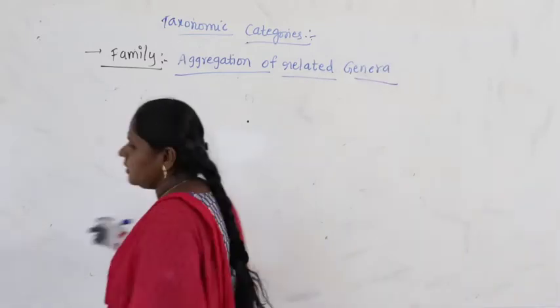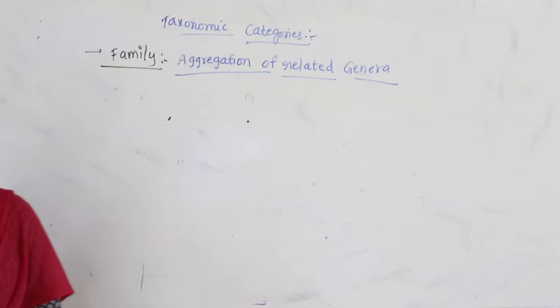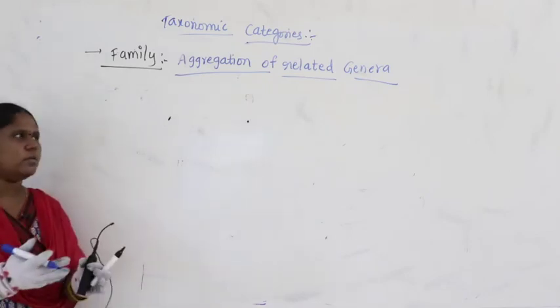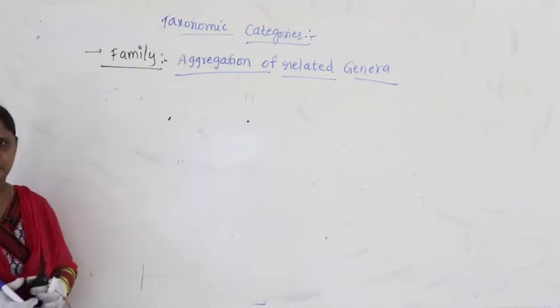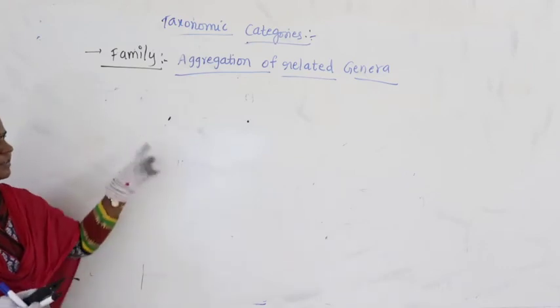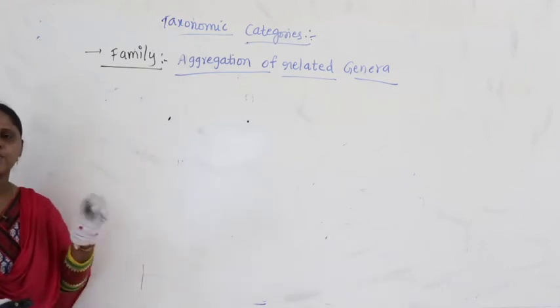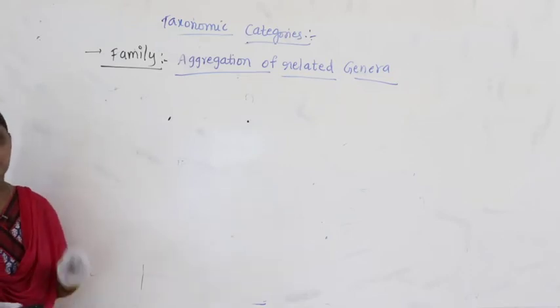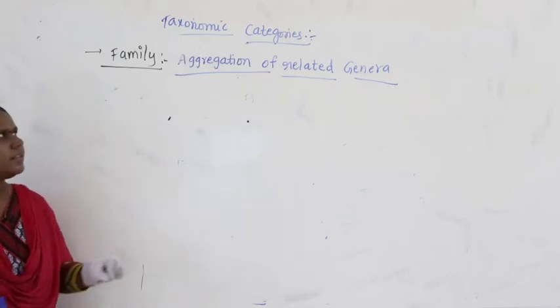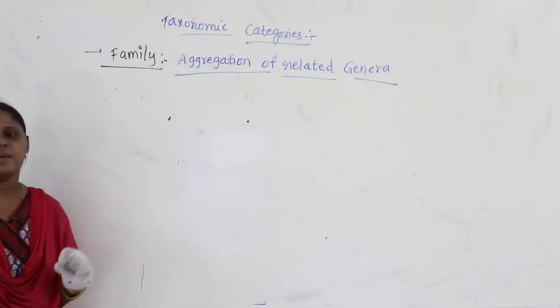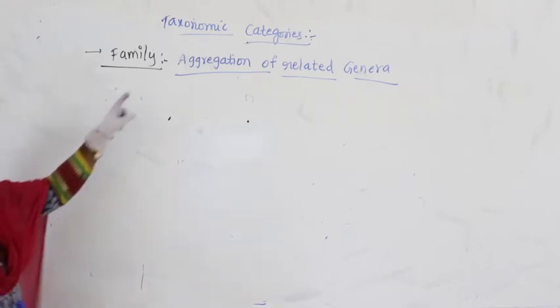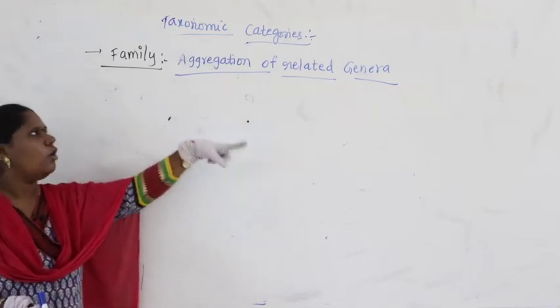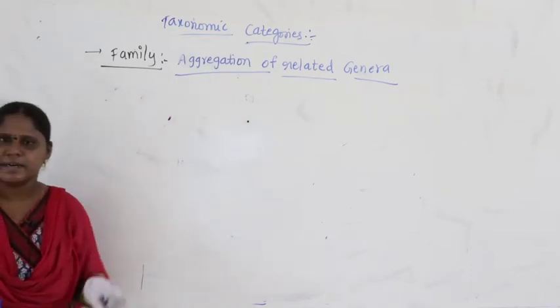Aggregation means when you get them together, when you place them at one place, they may be of different genera, but they have a few similar characters. With a few similar characters, they will be placed in the same family. So here either you can write group of related genera or you can write aggregation of related genera.